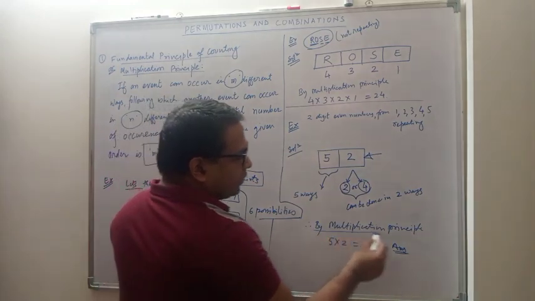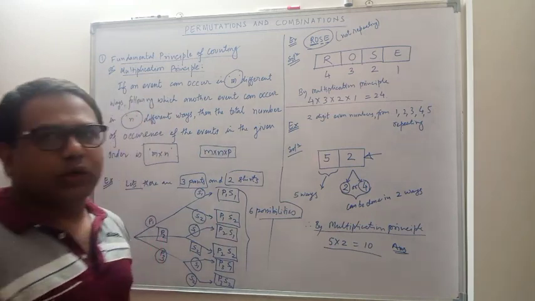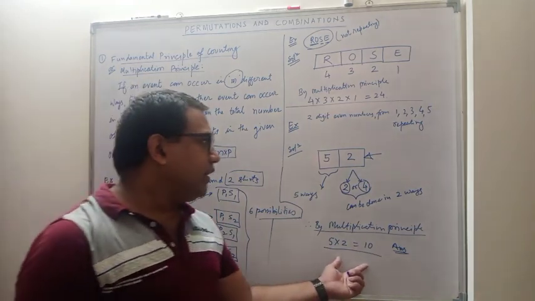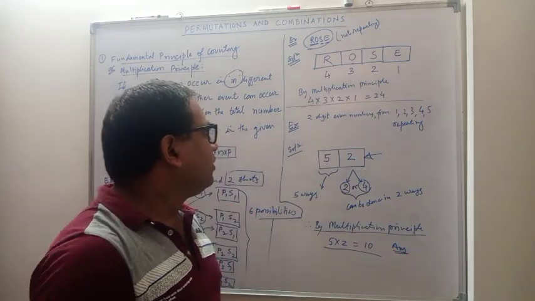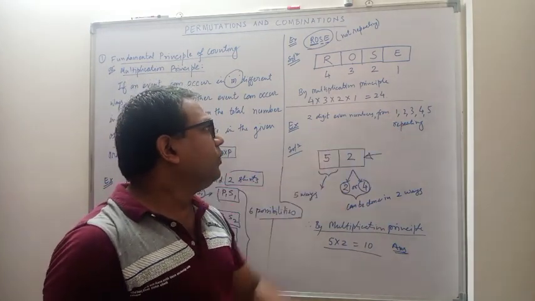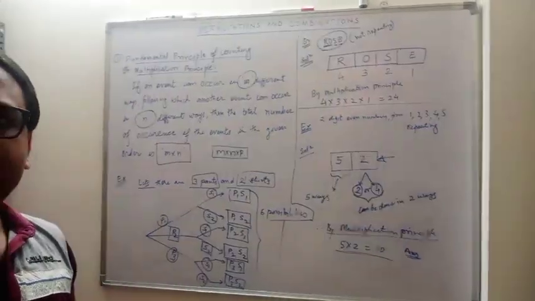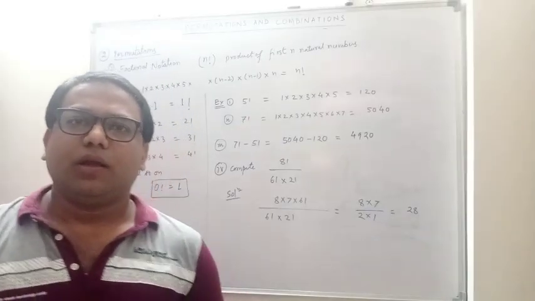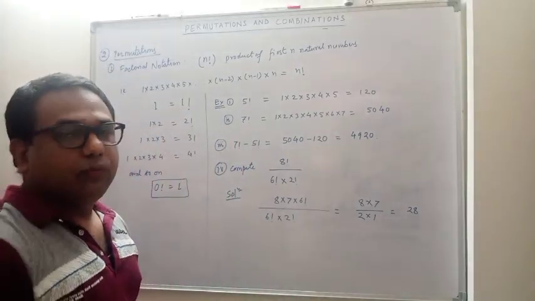So by the multiplication principle I can directly write 5 into 2 equal to 10. That is the arrangement. 10 arrangements we can make from these digits to make a 2-digit even number. Now you will be able to solve exercise 7.1, and we'll move further.